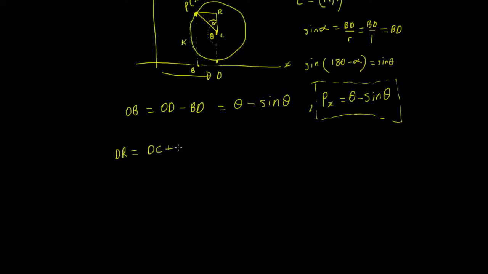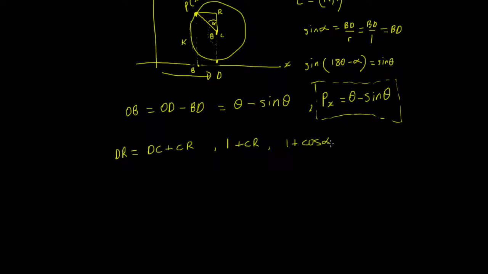Now we know that dc is just the radius of the circle, which in this instance we'll call 1, plus cr, but cr is the cosine of this angle alpha. So that's 1 plus cosine of alpha.